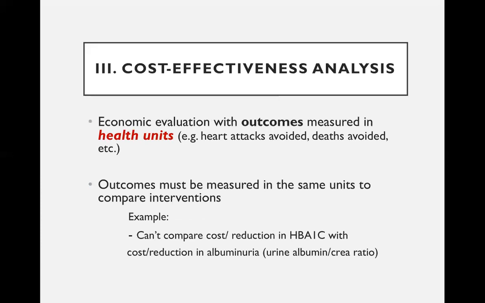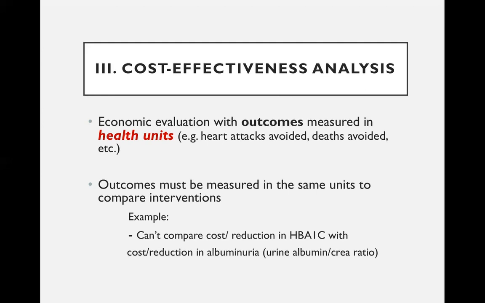The next type of economic evaluation is your cost effectiveness analysis. Now, in your cost effectiveness analysis, you look at outcomes that are measured in health units. An example of this would be the heart attacks avoided. No? When you treat hypertension, you use an antihypertensive drug, a statin, and a blood thinner in order to prevent heart attacks.